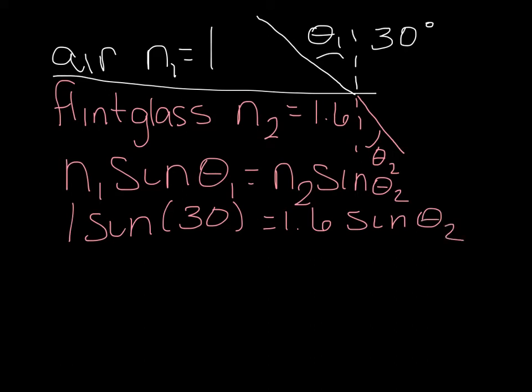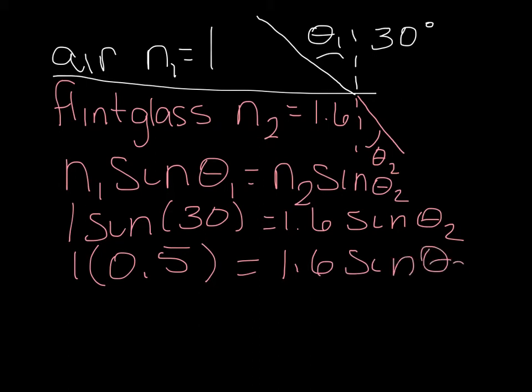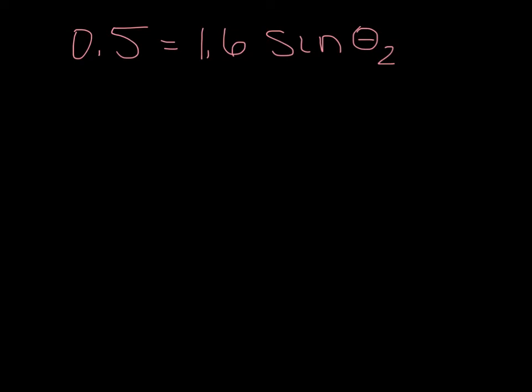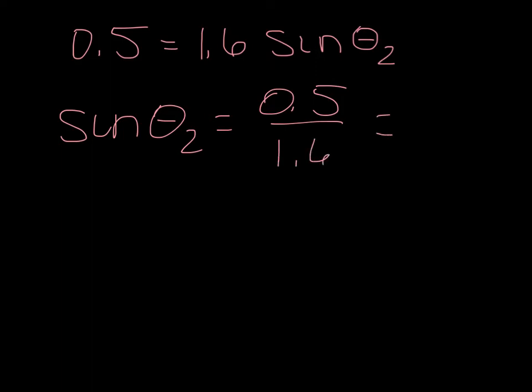The sine of 30 is 0.5, so 1 times 0.5 is 0.5, which equals 1.6 sine of theta 2. We want sine theta 2 by itself, so we divide both sides by 1.6, so sine of theta 2 is equal to 0.5 divided by 1.6, which is 0.313.